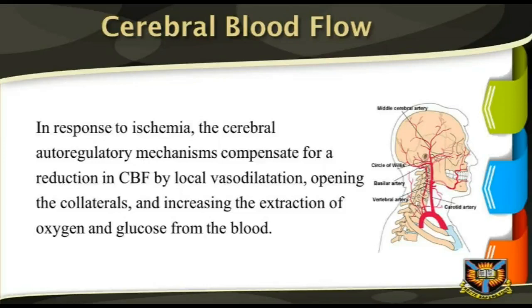However, when the CBF is reduced to below 20 mL per 100 grams per minute, an electrical silence ensues and synaptic activity is greatly diminished in an attempt to preserve energy stores. CBF of less than 10 mL per 100 grams per minute results in irreversible neuronal injury.